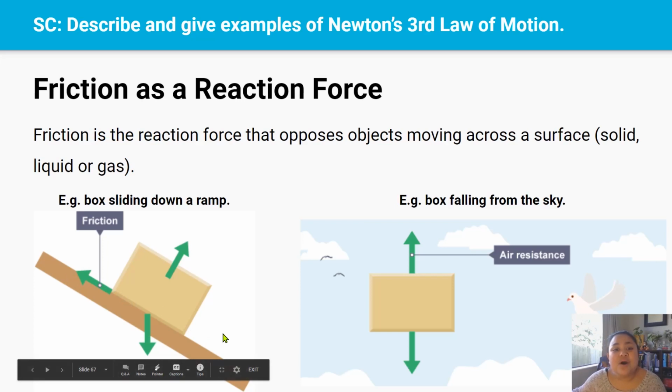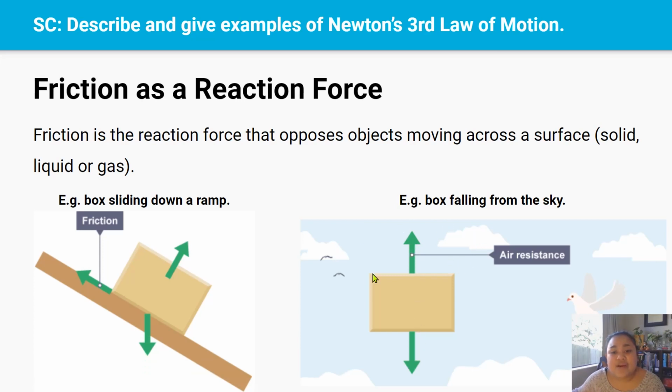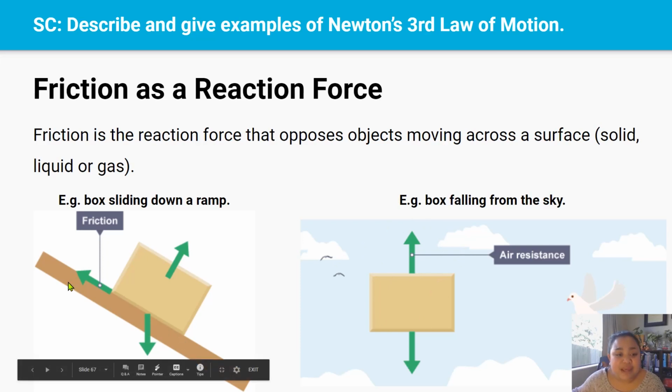An example of friction opposing movement through air is this box falling from the sky. The motion of this object is going downwards, but friction, as a reaction force, is acting in the opposite direction. So the air in the sky is opposing the motion of the box. This ramp here is opposing the motion of this box.